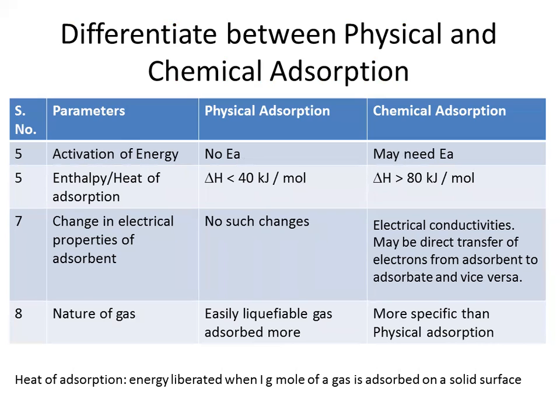And what is the reason why this is going to happen? Due to the weak forces, because in heat of adsorption, energy is released when there is the bond formation. In the physical adsorption, there are weak forces, so not too much energy is involved.